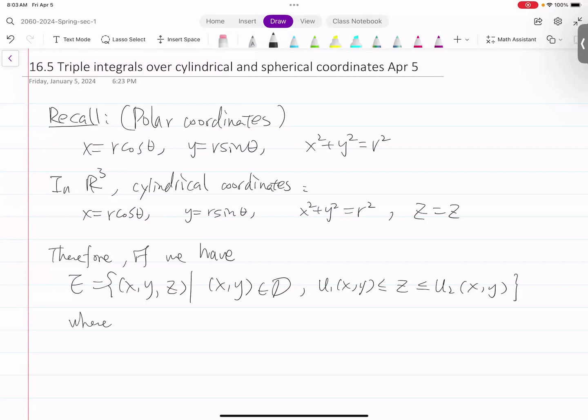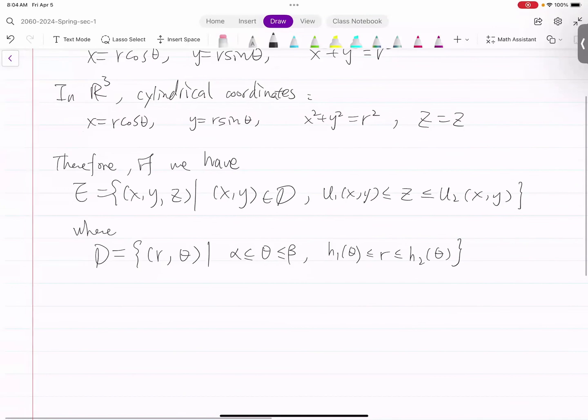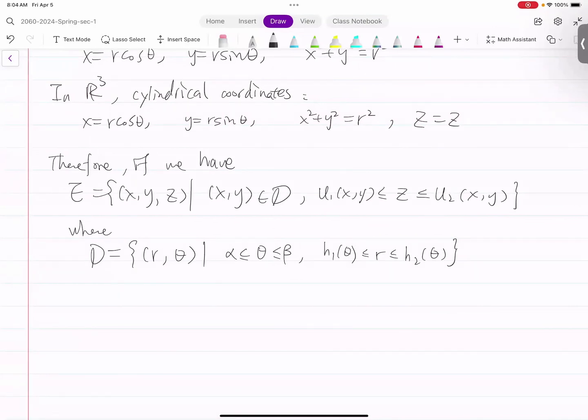And by chance this region D is described in terms of polar coordinates. So D can be described in terms of r and theta, such that theta is cut between some specific angles, and r is cut between two functions in terms of theta. Then we can describe the integral over the solid E in a different way.